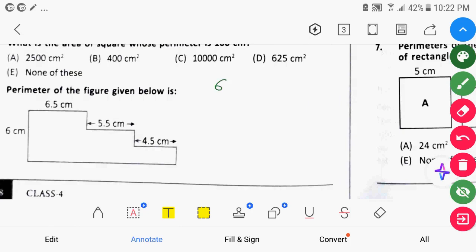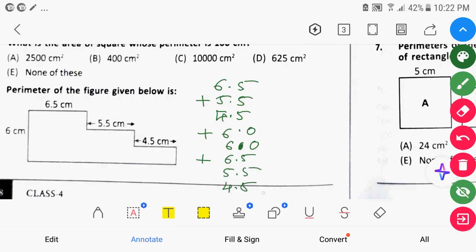Okay. 6.5 plus 5.5 plus 4.5 plus 6 plus 6 plus 6.5 plus 5.5 plus 4.5. 5 plus 5 is 10, plus 5 is 15, plus 5 is 20. 36.5 is not our answer. Our answer is 36.